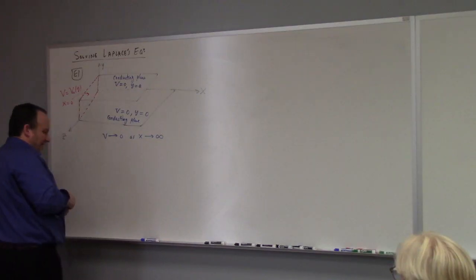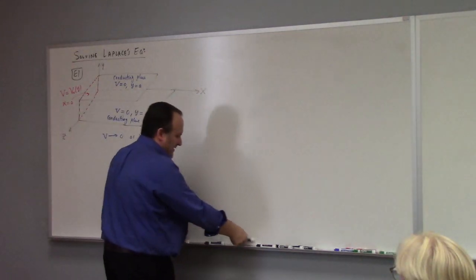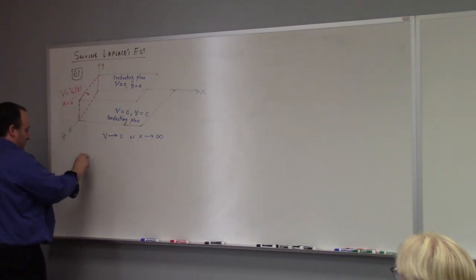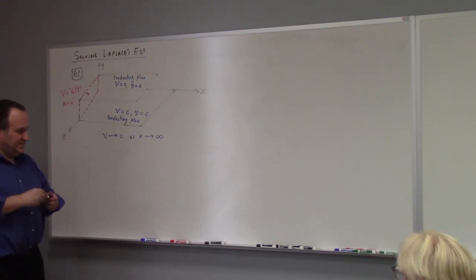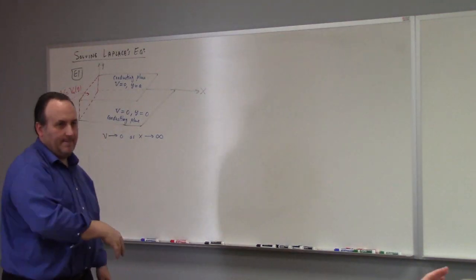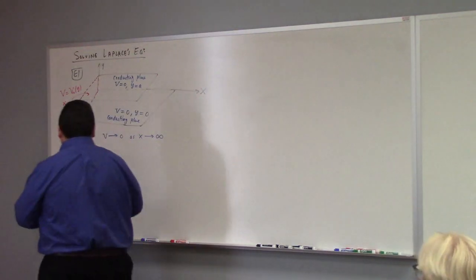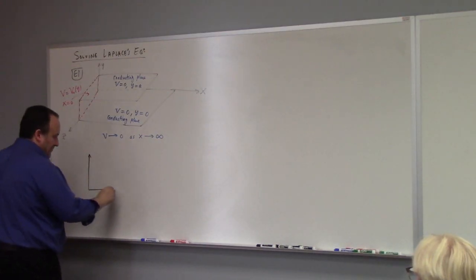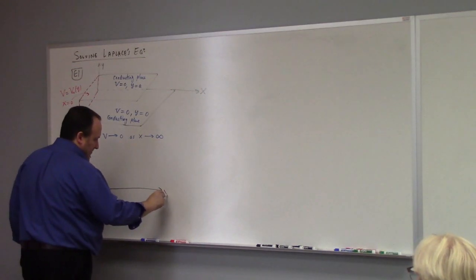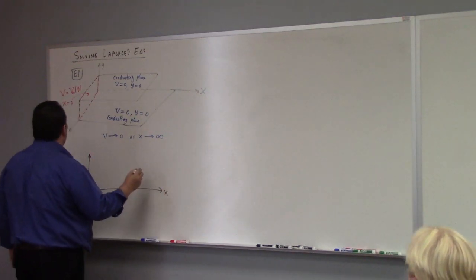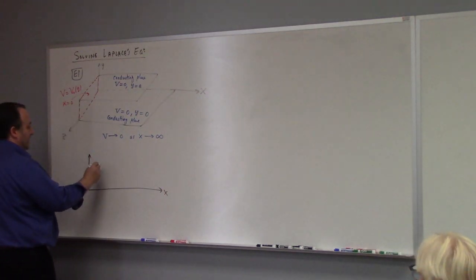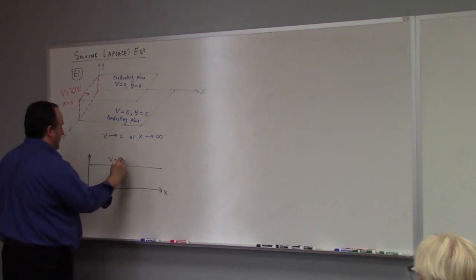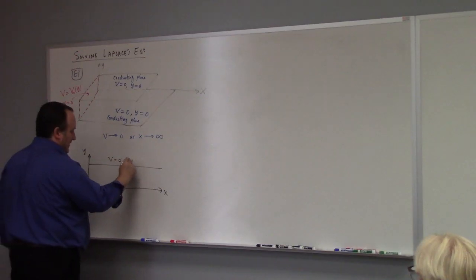Maybe the first thing to do with a horrible picture like this is to suppress the z direction. Here's an entirely more useful picture. We've got V equals 0 at y equals a.